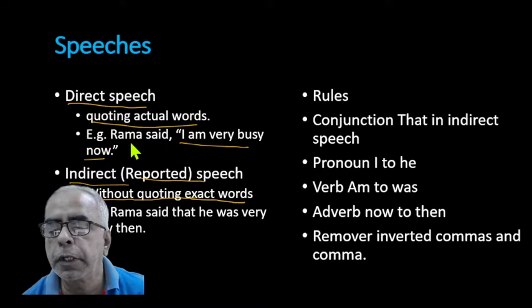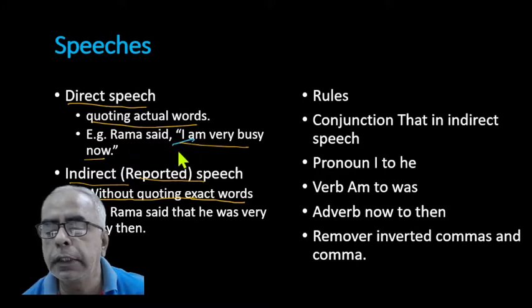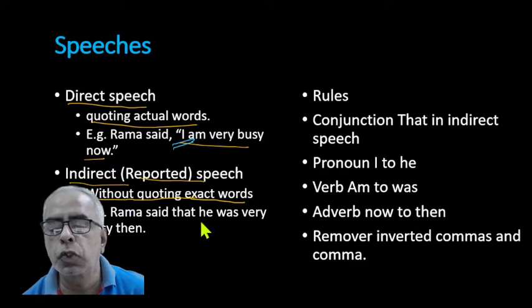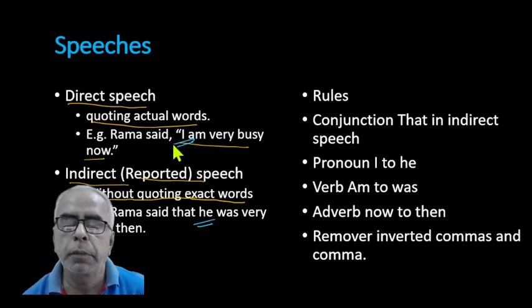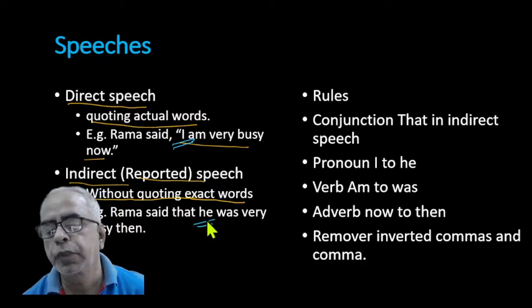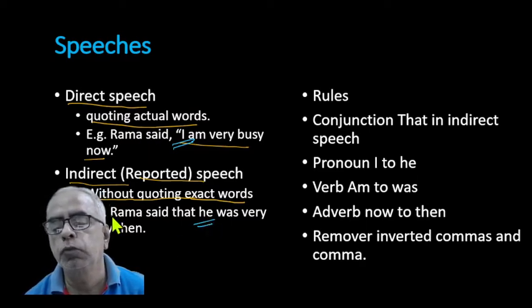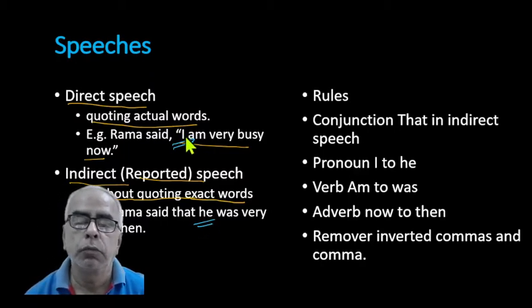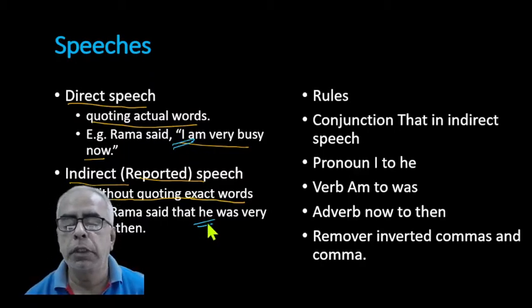In the direct speech, we have used I, whereas in the indirect speech that is represented as he, indicating Rama. Suppose Sita said, it means she. So I becomes he.